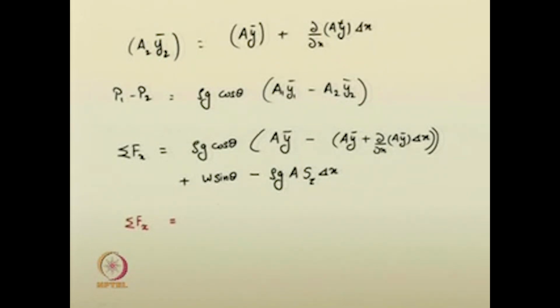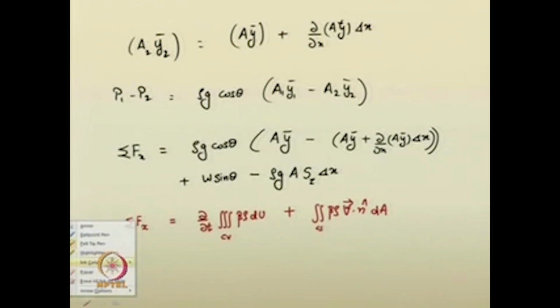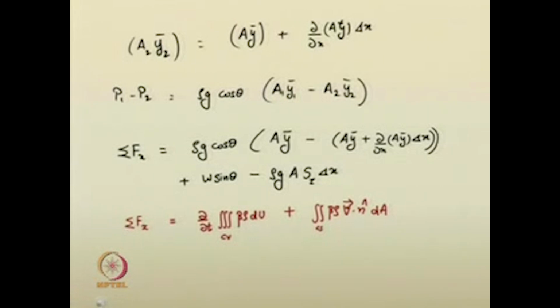So, in the equation sigma f x is equal to the integral of eta rho du plus v dot n dA, if you recall this equation, now one can write that as the flow is steady state, this component in the equation will vanish off.